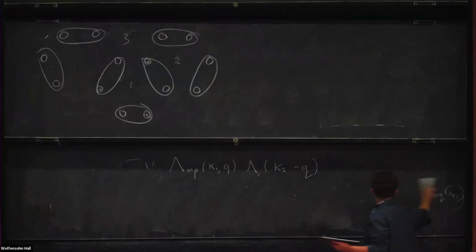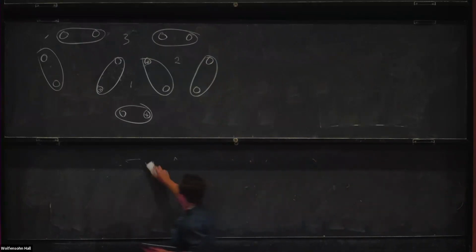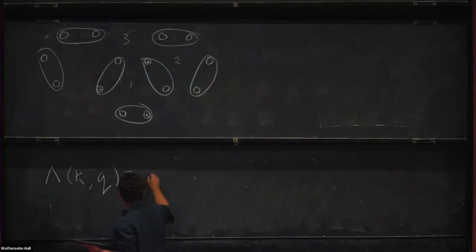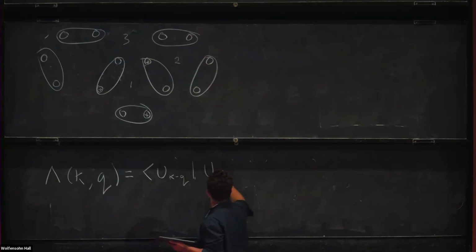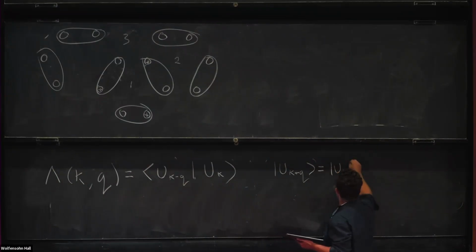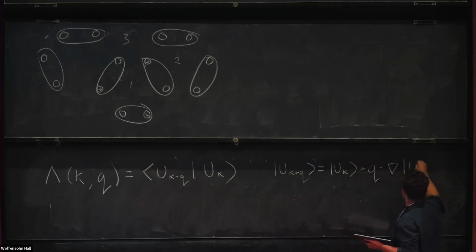So if we write in a compact notation, we can say that lambda at (k,q) is just the overlap of Bloch vector u at k minus q with u at k. And when q is small, we can assume that u of k plus q is equal to u of k plus q times the gradient of u of k.